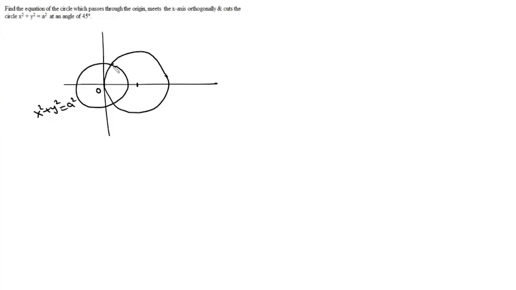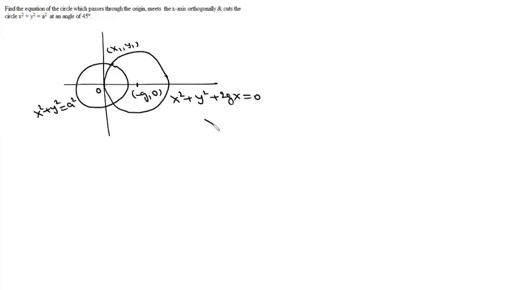Now suppose the point of intersection is (x1, y1), and let the equation of this circle be x square plus y square plus 2gx equals 0, where the center of the circle is at (minus g, 0). Now we find the point of intersection, we can write x square plus y square equals a square.